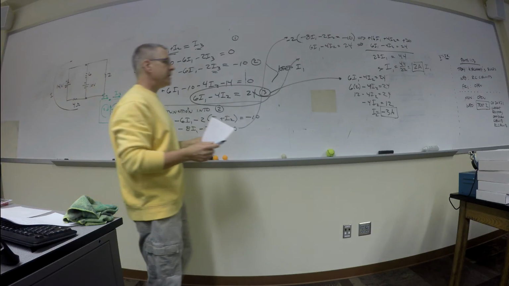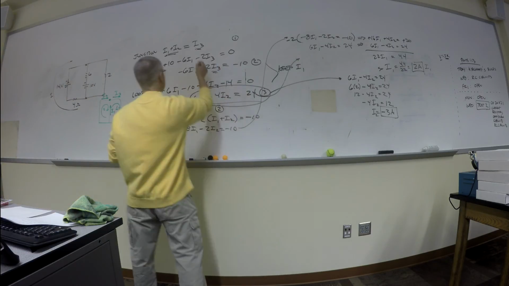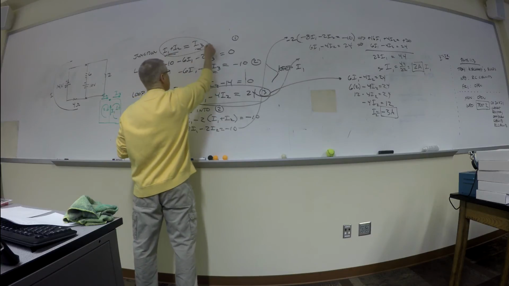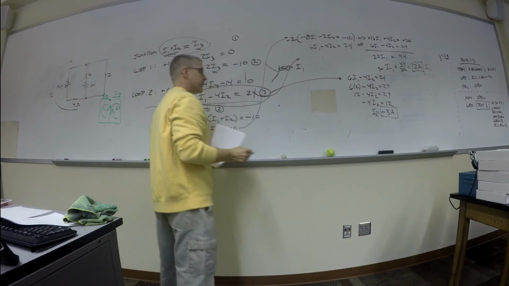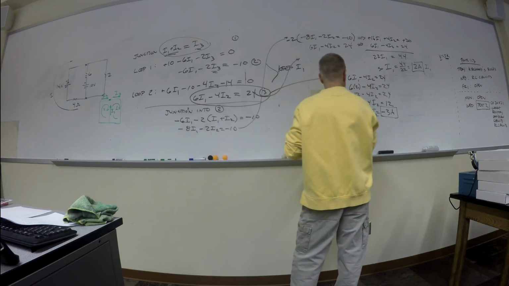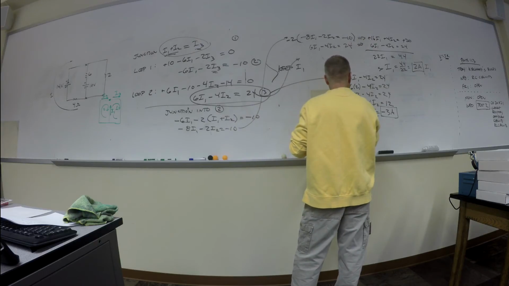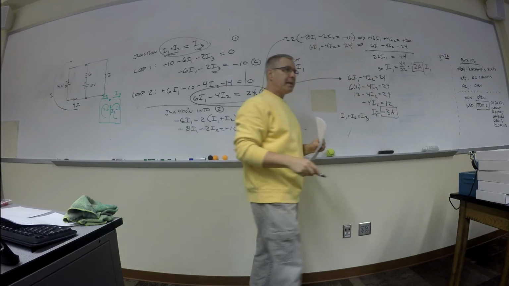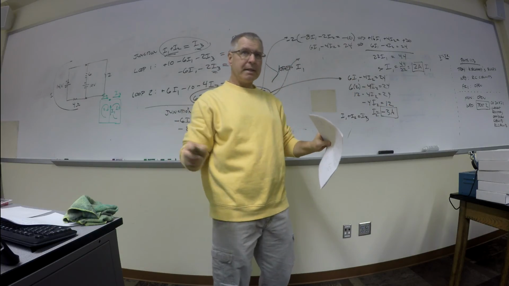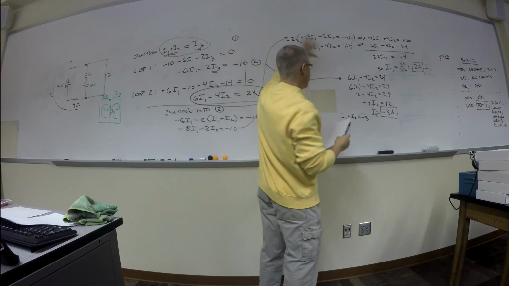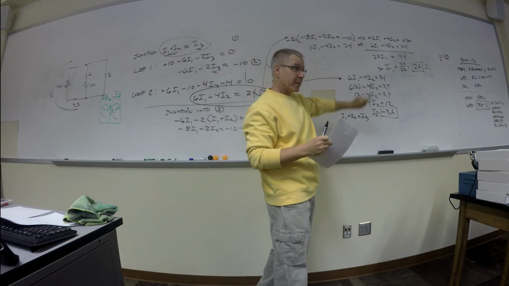Because now we need to find I3. Here's an easy way to do it right here. But don't get rid of that negative yet. Keep that all the way to the end. Because everything we set up here was with that wrong direction, so let's stick with that.